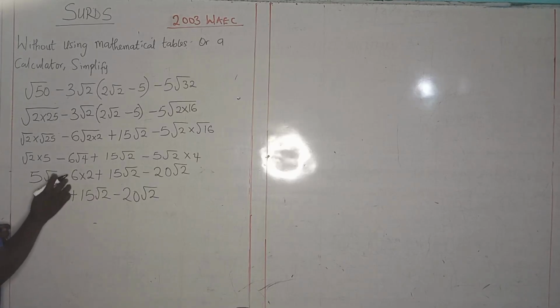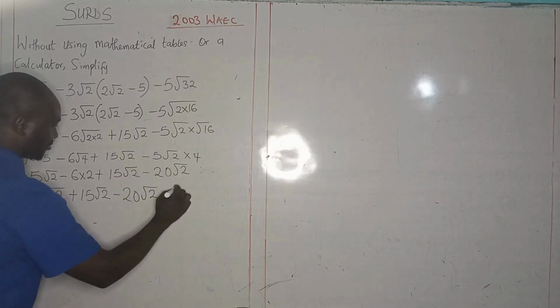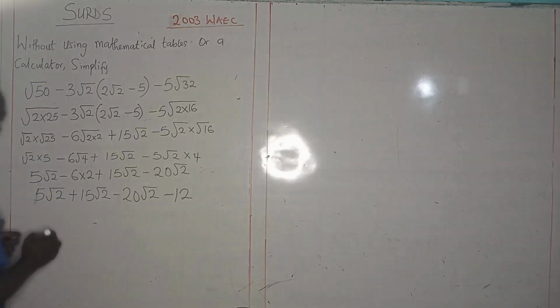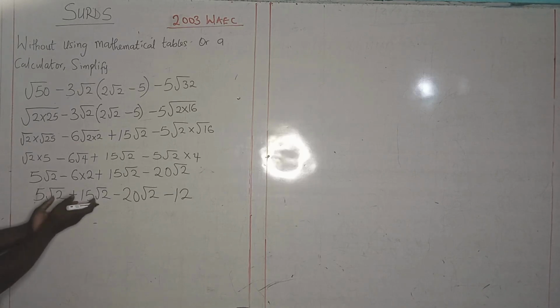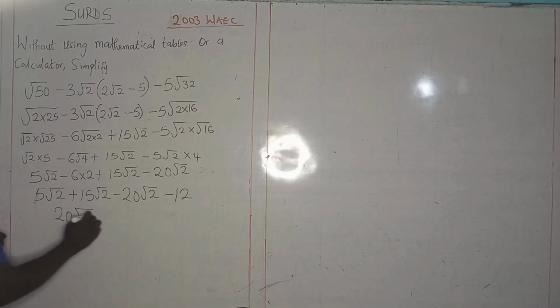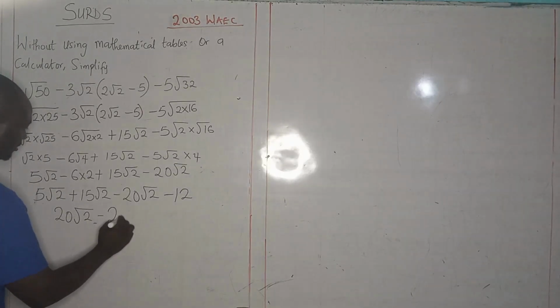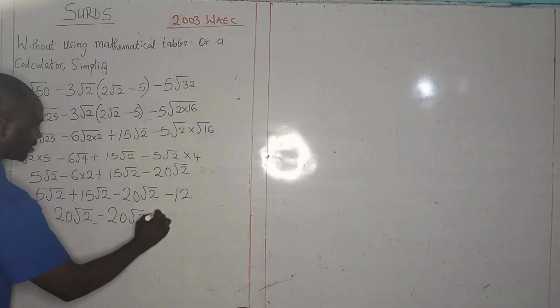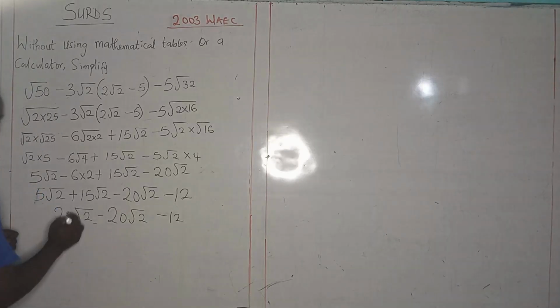Now, this one. Minus 6 times 2 will be what? Minus 12. Now, 5 root 2 plus 15 root 2 will give us 20 root 2 minus 20 root 2 minus 12.